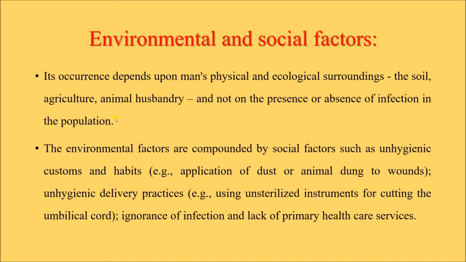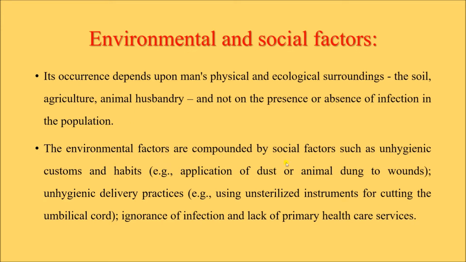Environmental and social factors. The occurrence of tetanus depends on man's physical and ecological surroundings: the soil, agriculture, animal husbandry, and not on the presence or absence of the infection in the population. So as I mentioned earlier, there is no man-to-man transmission. If the infection is present in the population, it will not determine whether more people will be infected or not.